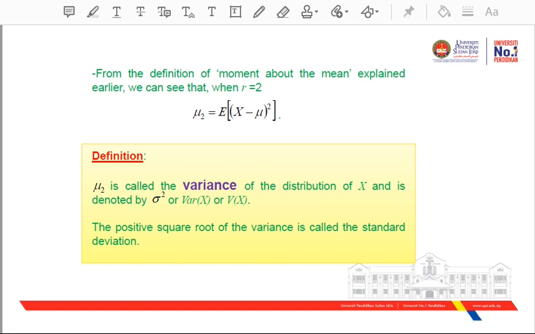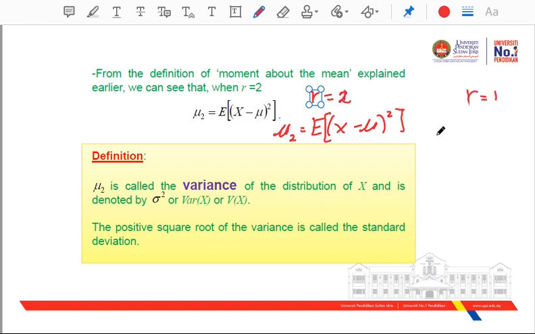If your r equal to 2, your mu 2 is actually equal to E[(X minus mu)^2].